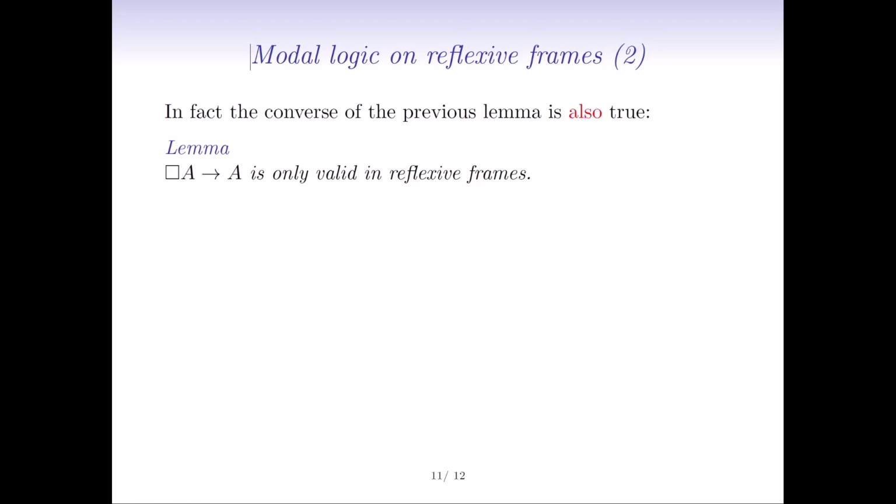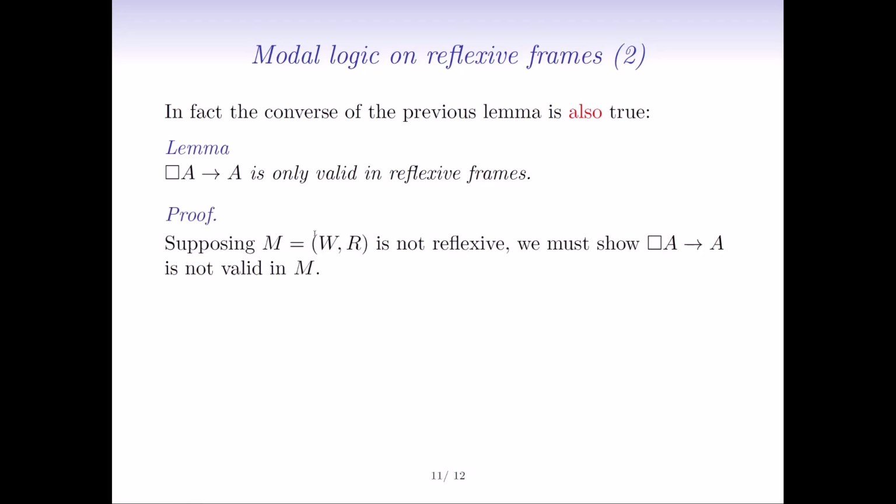The way we're going to prove this is to go the other way around, by contraposition. You know that to show an implication A implies B is the same as showing not B implies not A. So we're going to show that if a frame happens to be not reflexive, then the formula box A implies A must not be valid in that frame.